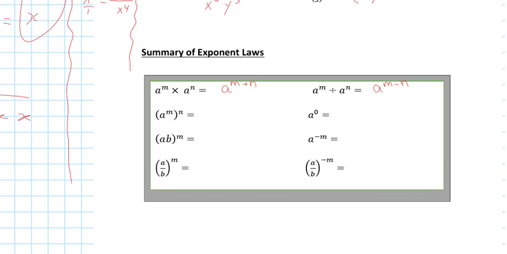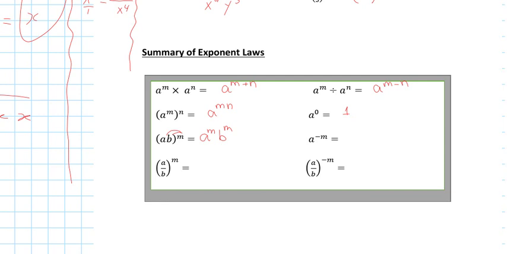Power to the power, multiply. A to the power of 0 is 1. a times b to the power of m is a to the power of m, b to the power of m, so you distribute your exponent in.